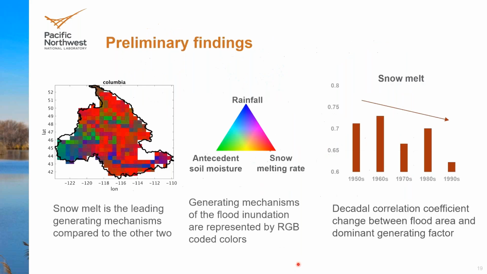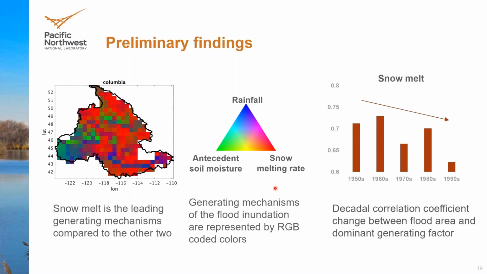And some quick preliminary findings here. We wanted to look at the generating mechanisms of floods in these basins. We are taking the Columbia River Basin as an example. Here, different colors show you the different generating mechanisms.